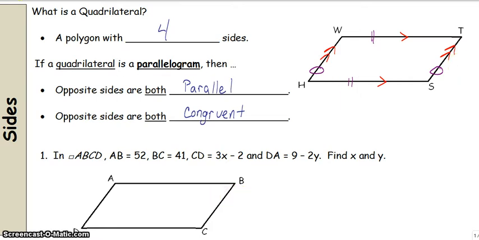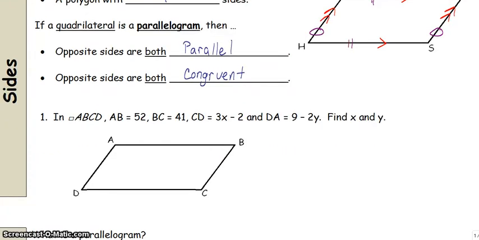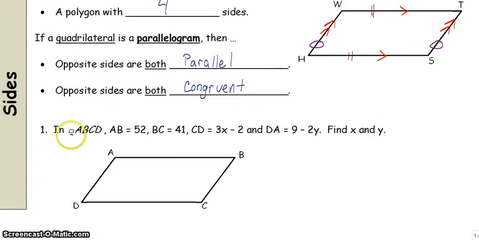Here's how we would apply those. In number 1, it says that we have a parallelogram ABCD. This symbol here means parallelogram. When we're naming this parallelogram, the order that we name it matters as well.